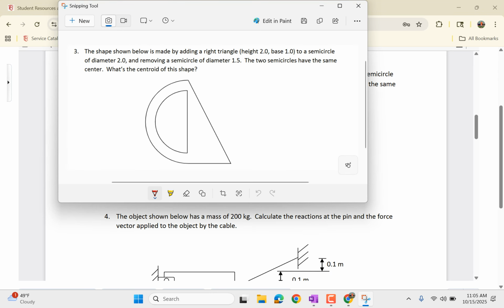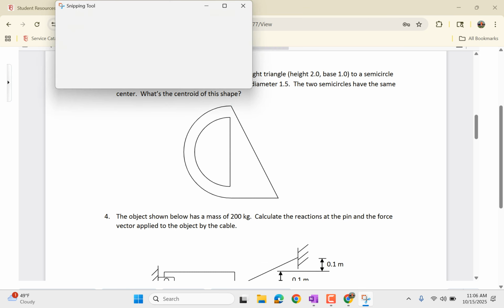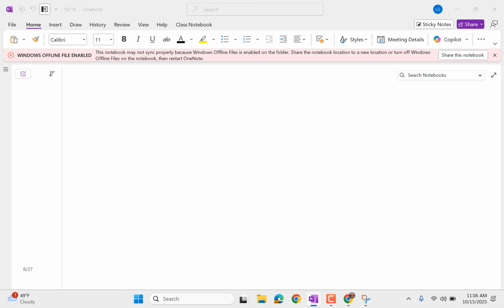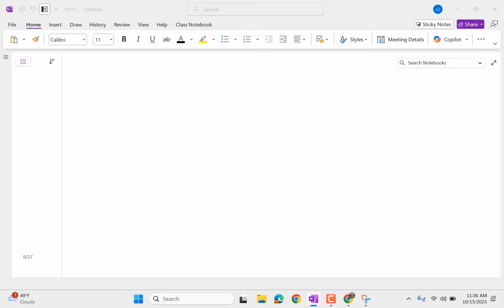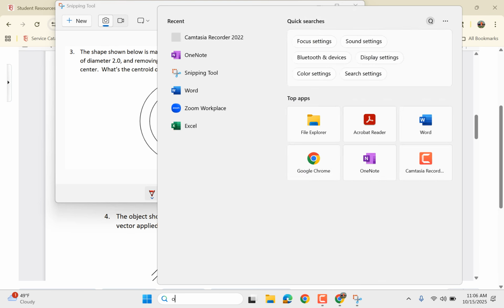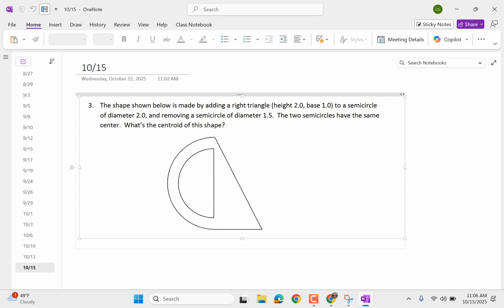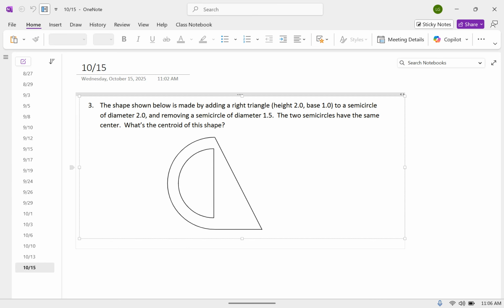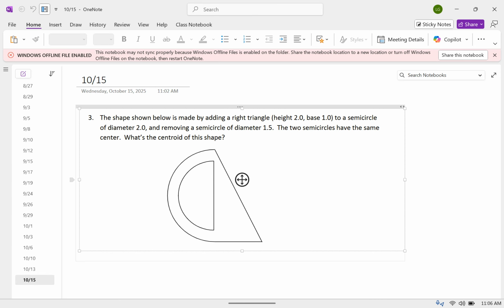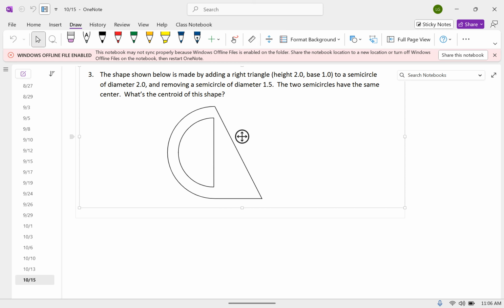What happened here? Okay. So this is the one where the semicircle thing comes up. Is that right?